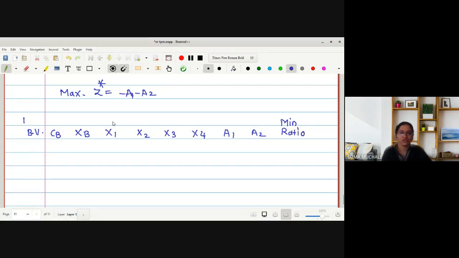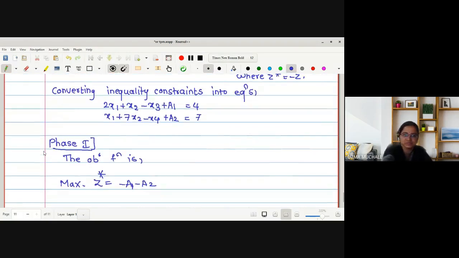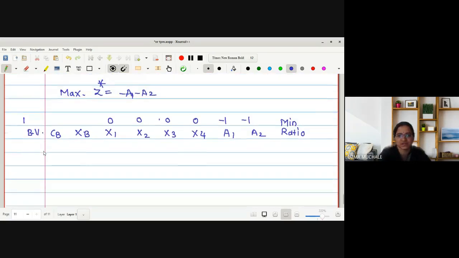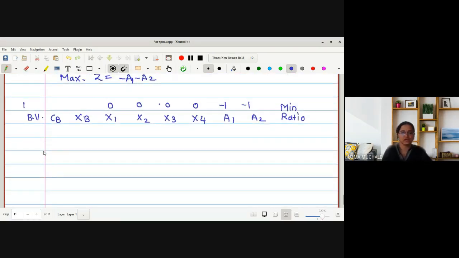Okay, what are the costs we were assigning? 0 cost to original and surplus variables, minus 1 cost to the artificial variables. Which are the artificial variables, by looking at the system? A1, A2 are the artificial variables, which work as the basic variables as well. Correct, no? Let me write A1, A2 here.